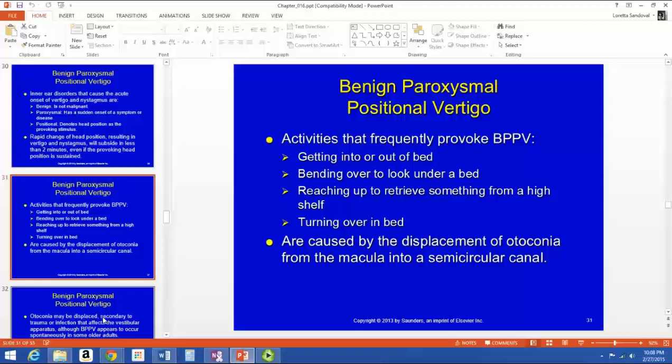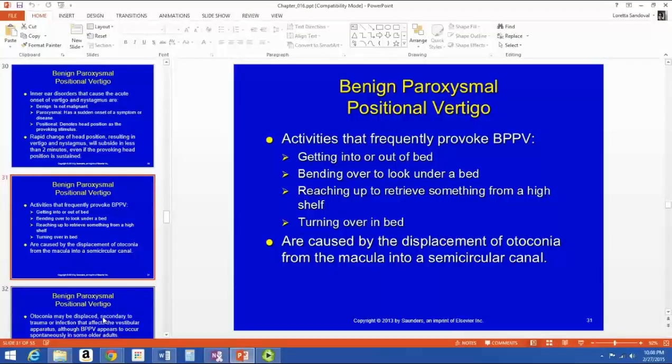So BPPV is caused by displacement of the otoconia from the macula into a semicircular canal. So those otoconia are rolling around in your semicircular canals as you get in and out of bed, or bend over to reach under the bed, or look up high, or turn over.